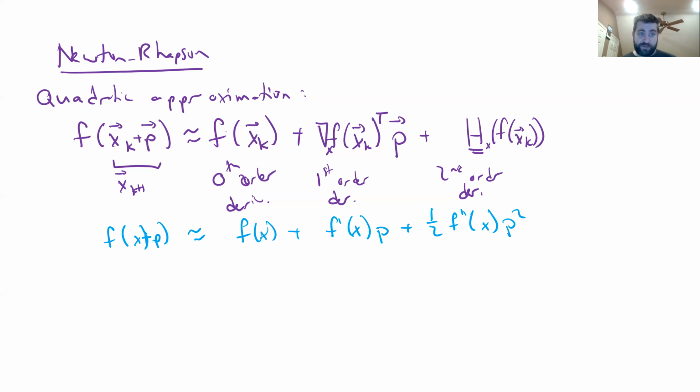Again, for this to work out, we want a scalar argument. We're summing, so we need to sum scalar terms. The first term is a scalar itself. The second, we have first derivatives. We can get that to be a scalar by multiplying by p in the dot product. How do we get a scalar in the same way here? Well, we can do this by taking p transpose times the Hessian times p.